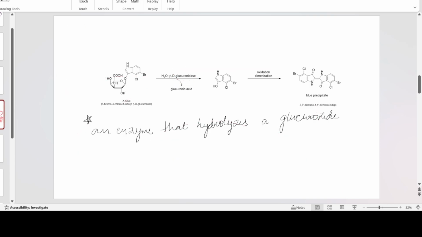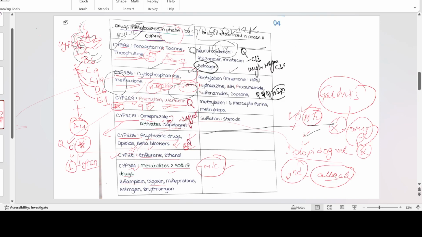And what are the examples? The examples are atazanavir, irinotecan, and estrogen. These are the basic things you need to understand.